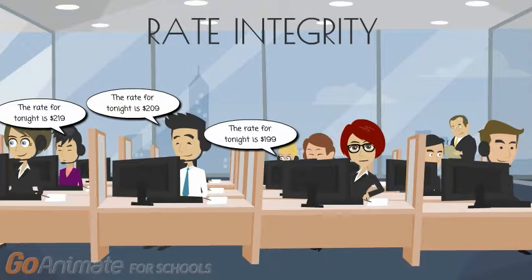At other times, we run into rate integrity issues with pre-negotiated corporate rates, especially those that are flat rates, meaning that they are the same rate regardless of what our best available rate is priced at. For example, let's say we have a corporate guest with Stantec and they have a pre-negotiated rate of $139.